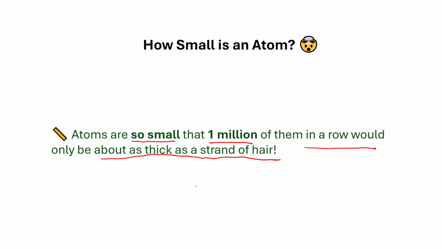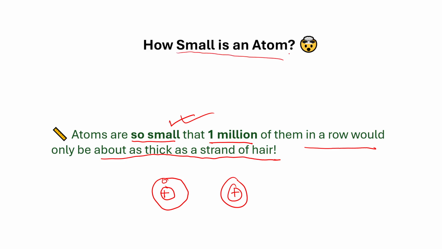The structure of an atom is different for every atom, and the atoms of all different elements are the smallest. An atom is the smallest of anything, even smaller than a strand of hair.